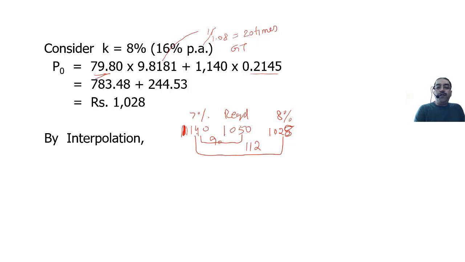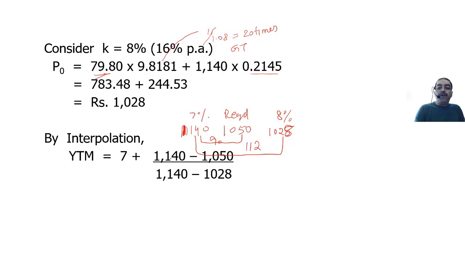Difference between first and second, difference between first and third. Now I put it in the formula. Y is equal to 7 plus, in the numerator I will be having difference between first and second. Denominator I am having difference between first and third. So the value is 7 plus 90 upon 112. Interpolation.